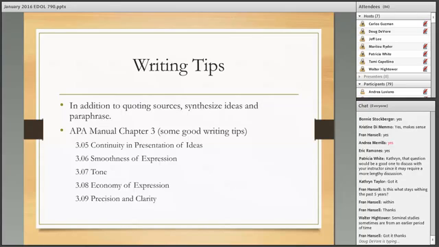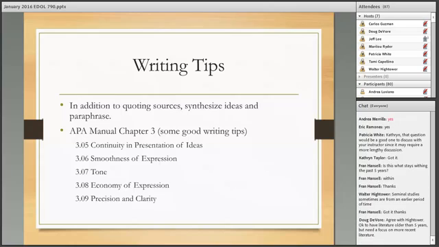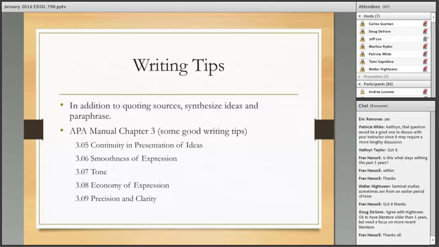Okay. There's a couple of sections in the APA manual out of Chapter 3 that have some very valuable writing tips. Chapter 3, 3.05, continuity and presentation of ideas. In this section, we talk about things like not being so jumpy from one idea to the next, using transitions, right?